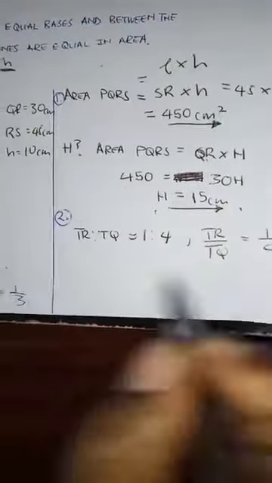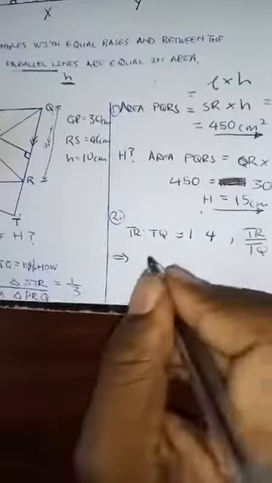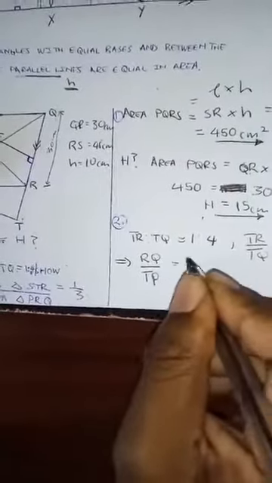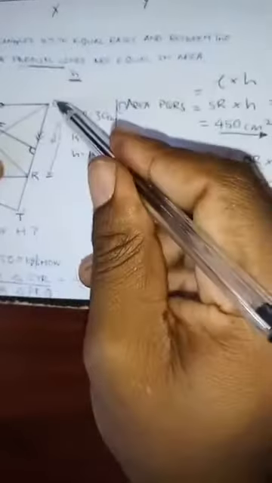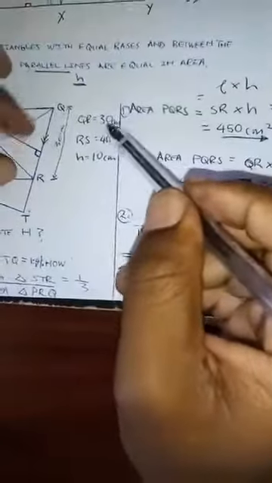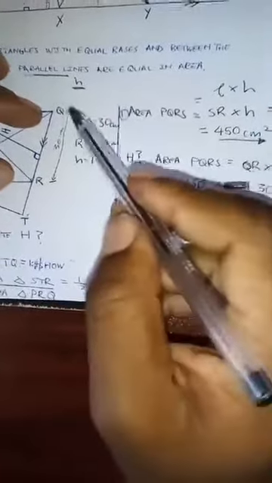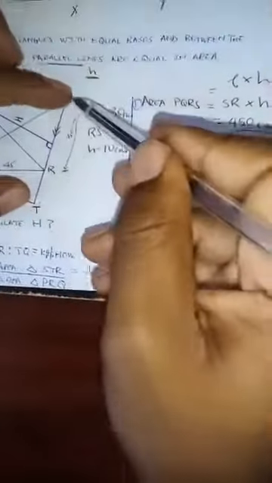Okay. But this implies that RQ over TQ is 3 over 4. Why? RQ over TQ. So you must pay attention here.